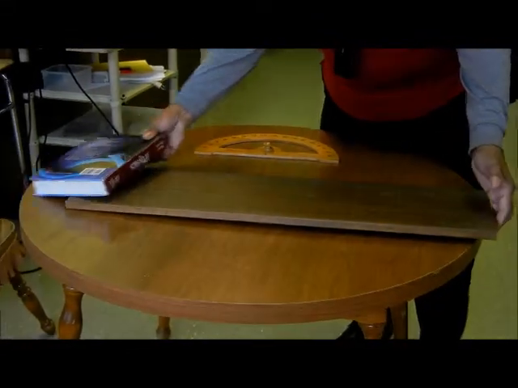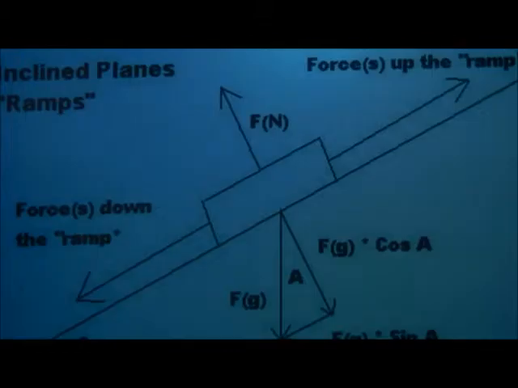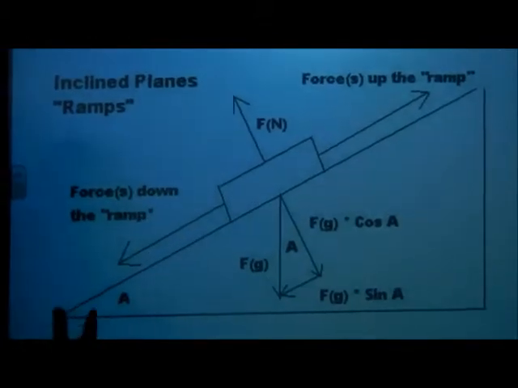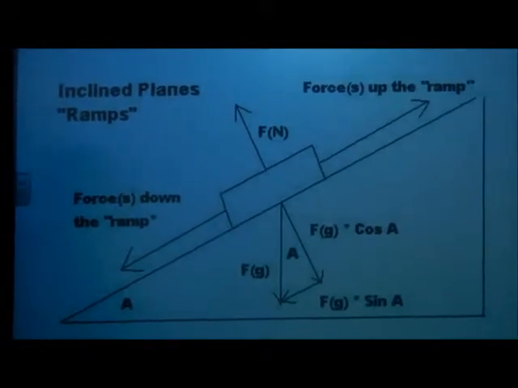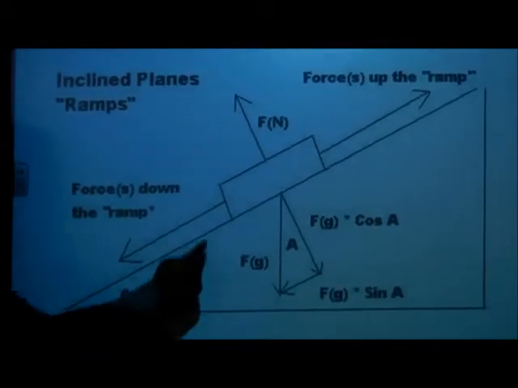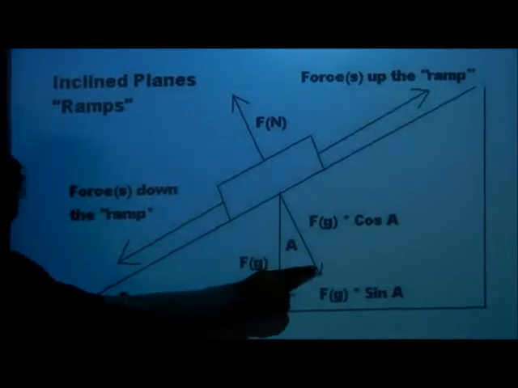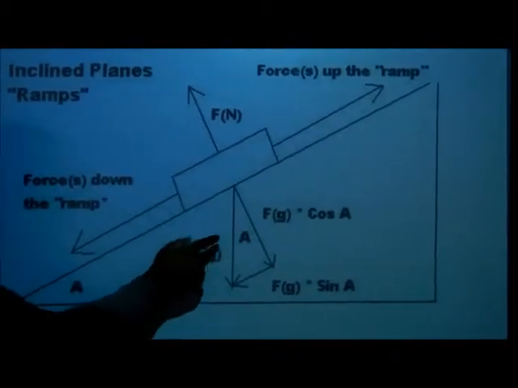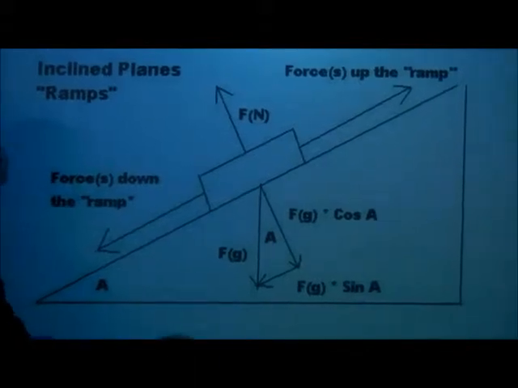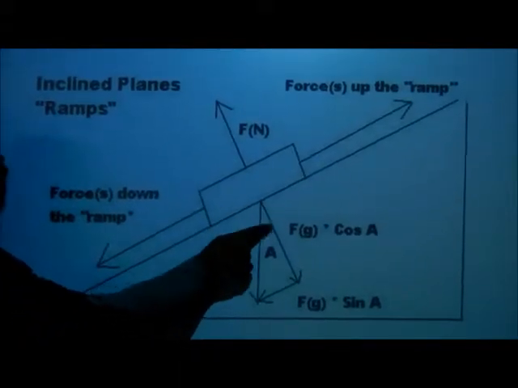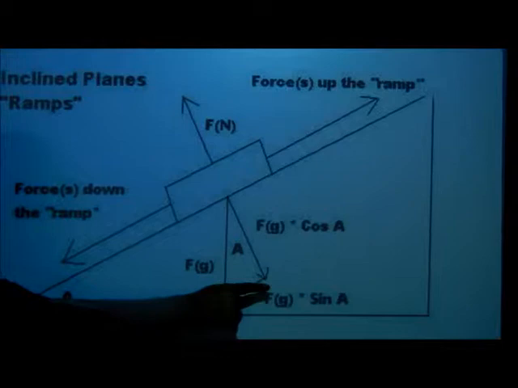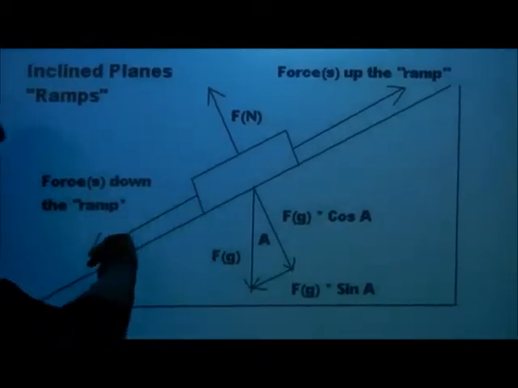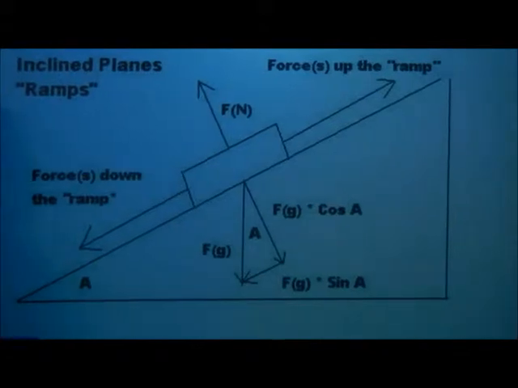We should look at the forces that are active in it, and we can see that the force of gravity is straight down. That force is broken up into two pieces. One is perpendicular to the board, the force that's smushing the book into the board, and the other acts down along the board, and that's what brings the book down the ramp.